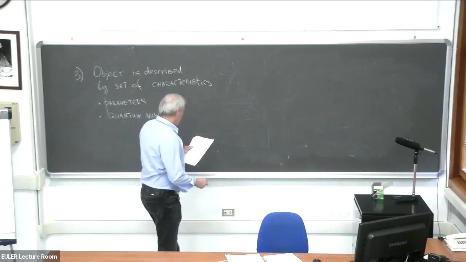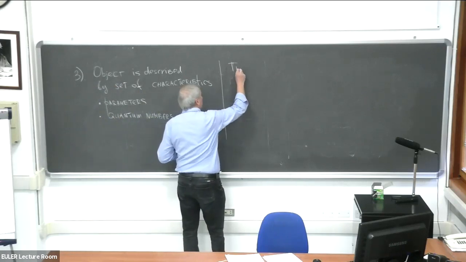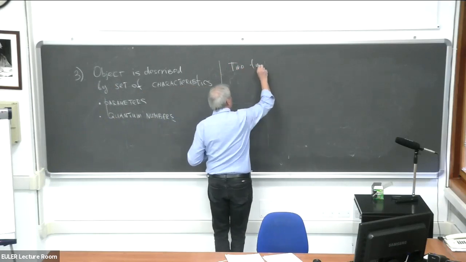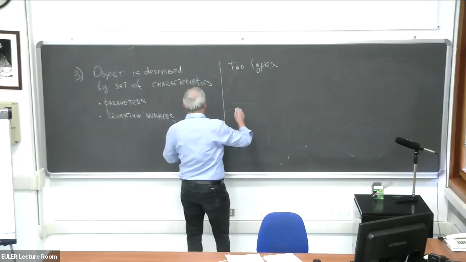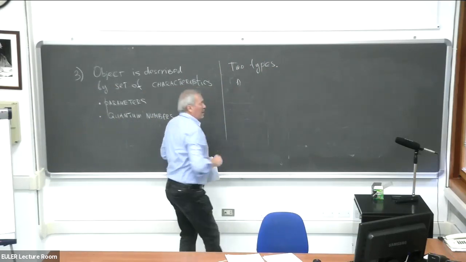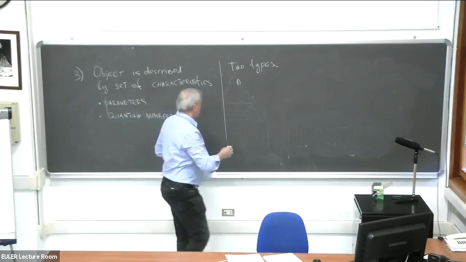There are two types of these characteristics. One are the so-called external characteristics.